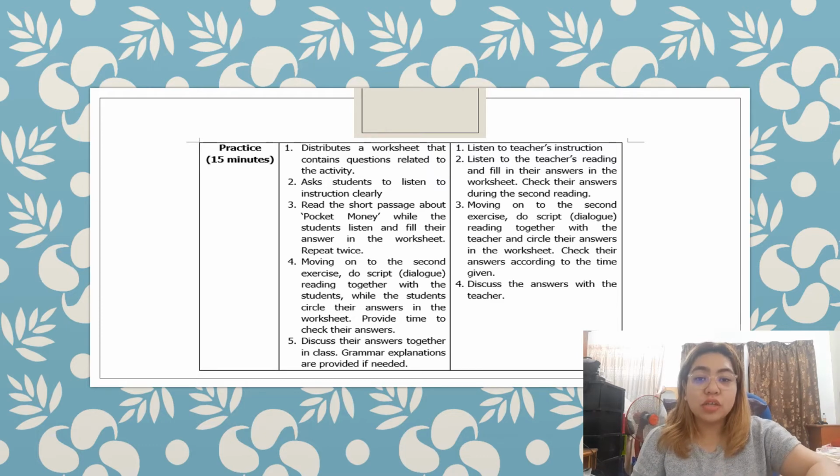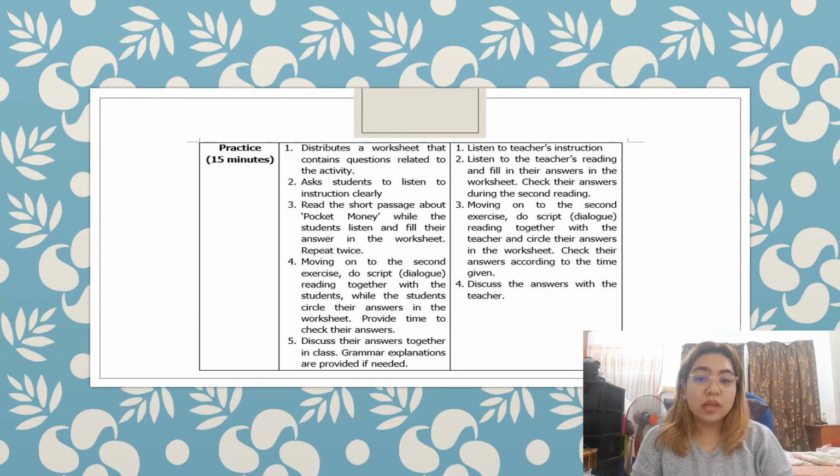As for the students, they will listen to the teacher's instructions, and then they will listen to the teacher's reading of the short passage titled pocket money. Then they will fill in the worksheet that is given, and they will also check their answers during the second reading. Then we will move on to the second activity, which is doing the script, and they will circle their answers in the worksheet.